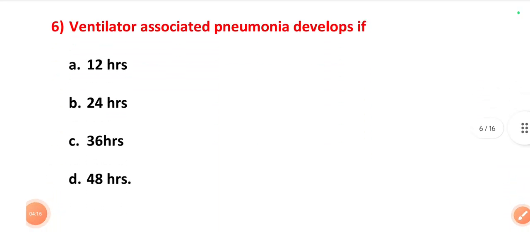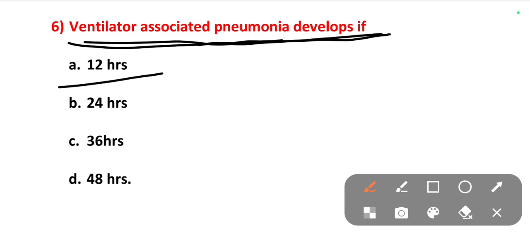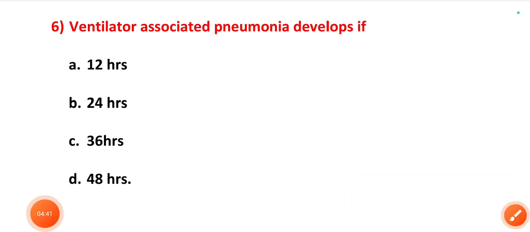The next one is ventilator associated pneumonia develops. So when the patient is on a ventilator and pneumonia develops, if the ventilator is kept for the patient, how many hours? Options are 12 hours, 24 hours, 36 hours and 48 hours.